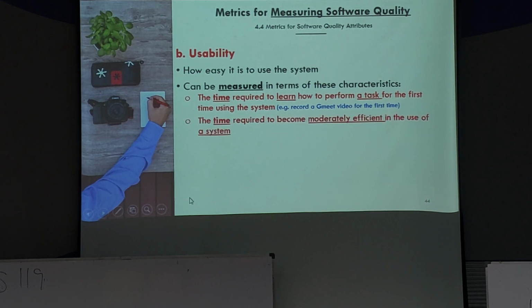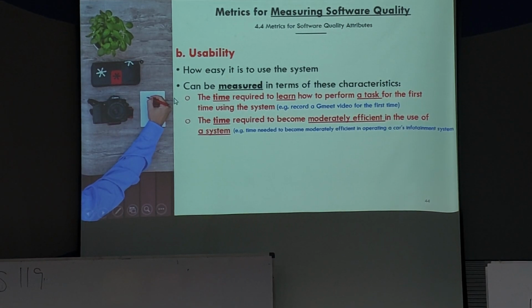You can also measure the time required to become moderately efficient in the use of a system. Example, time needed to become moderately efficient in operating a car infotainment system. Do you have a car infotainment system?